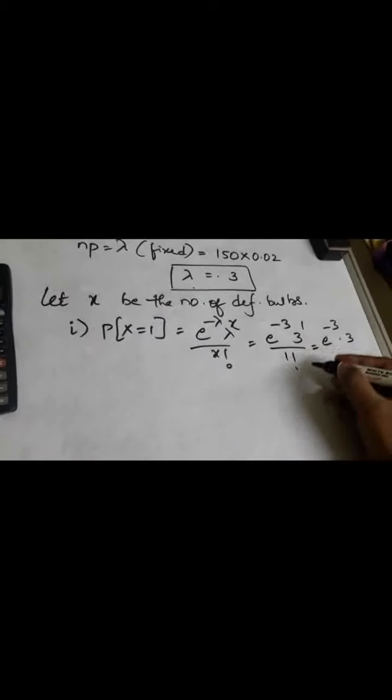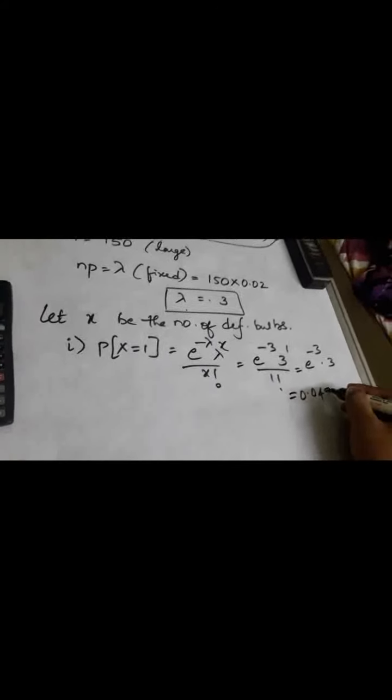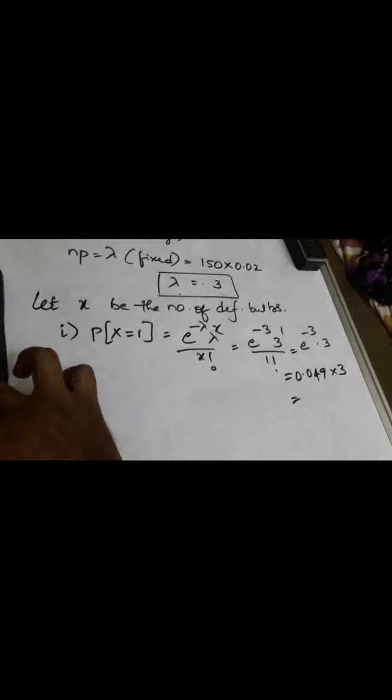You can use a scientific calculator or statistical tables. e power of minus 3 is 0.049 into 3. If you do, you will get the answer 0.1493. This is question number 1.